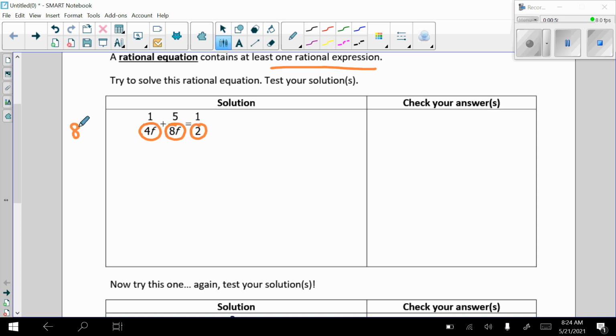And then we have to look at our variables and see what would be the biggest exponent of our variables, because that would be the least common. So we have f, f, and then we don't have an f here. So f would be our variable right there. So our least common denominator would be 8f, okay?